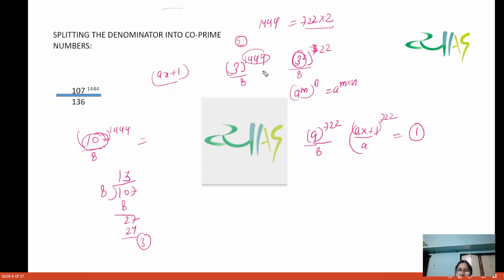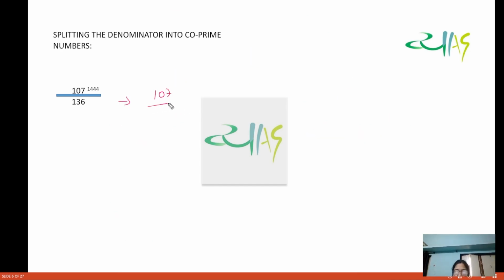Now let's see what the remainder is when we solve for 107 divided by 17 to the power 144. We studied one more theorem: a to the power p minus 1 divided by p.